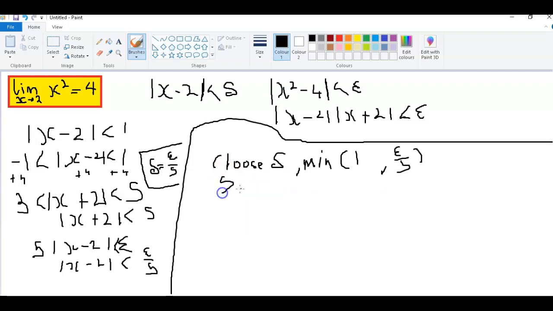Now here's another part. So what? So delta is less than or equal to this value. Doesn't make sense, don't worry, just memorize this. Now you do the conclusion.